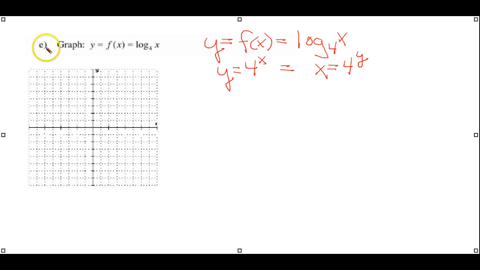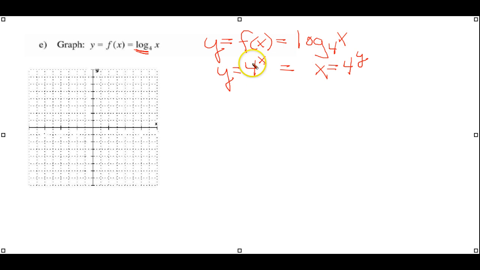Now, in example E, they're asking us to graph this. Well, we are given y is equal to the function of x, and there the 4 would be our base. But now we're interested in the log. So when we do log, it's the inverse of it.